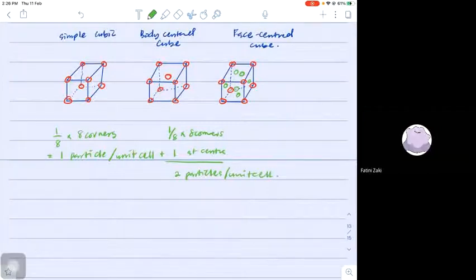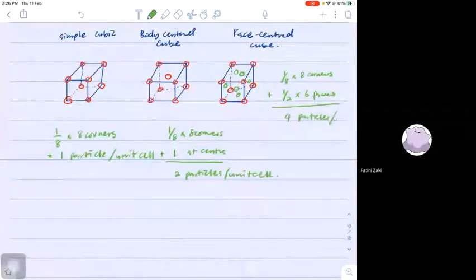And for the face-centered cube, it is 1 over 8 multiplied by 8 corners, plus 1 over 2 multiplied by 6 faces. So altogether it is 4 particles per unit cell.